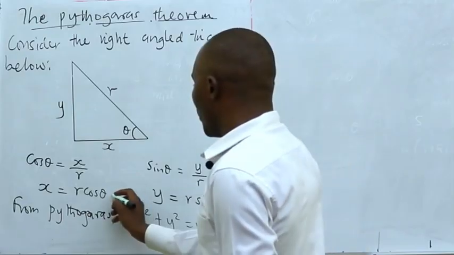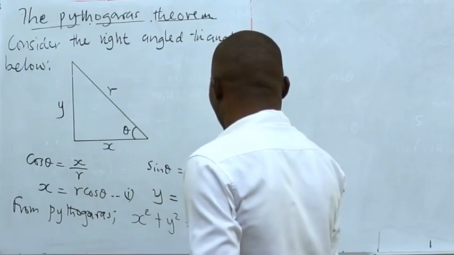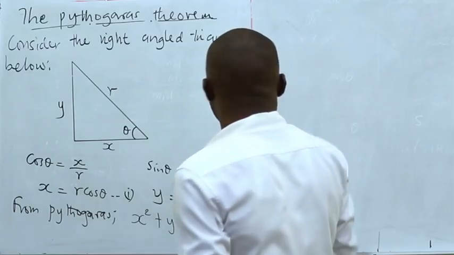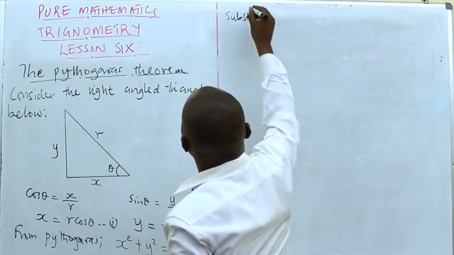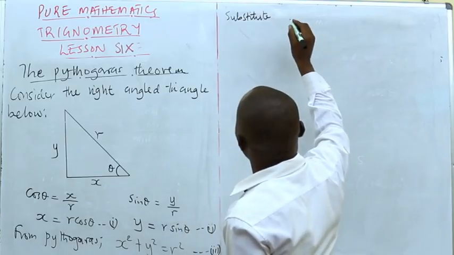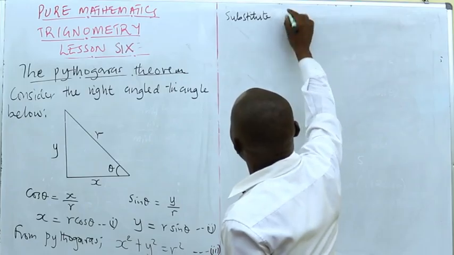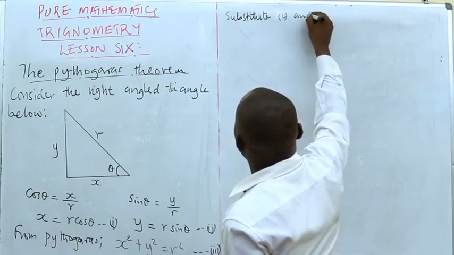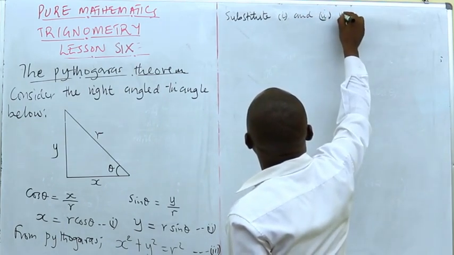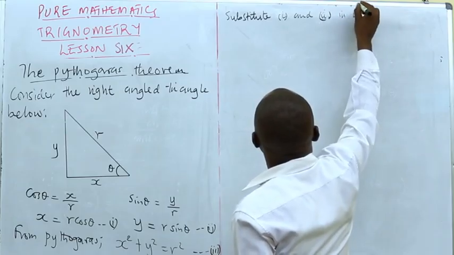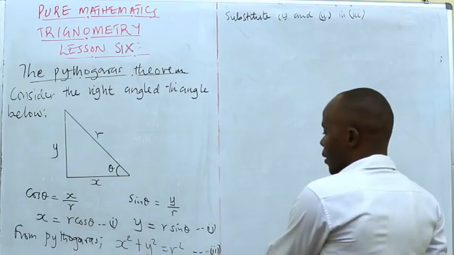Now, if this is equation 1, and this is equation 2, and this is equation 3, we can substitute equations 1 and 2 in 3.